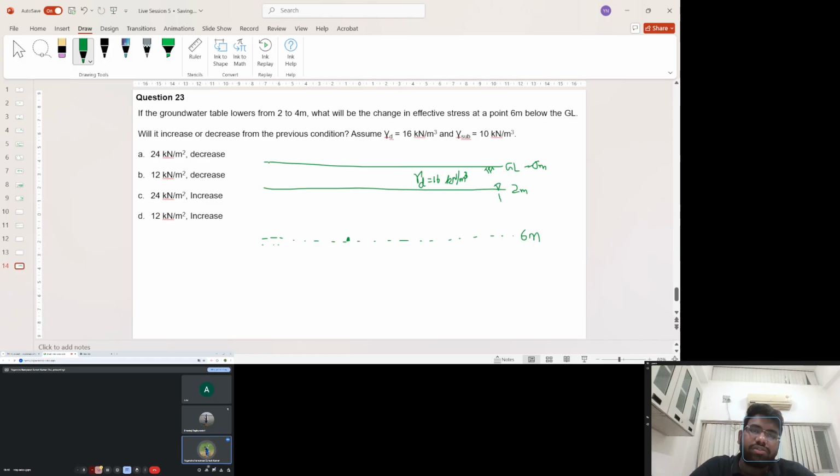The first condition is this one, so let us calculate the effective stress for this condition. First you calculate the total stress. Consider gamma W as 10. Total stress will be gamma dry for the top part, and the gamma submerged is 10 kilonewton per meter cube. In order to understand well, you calculate gamma sat.